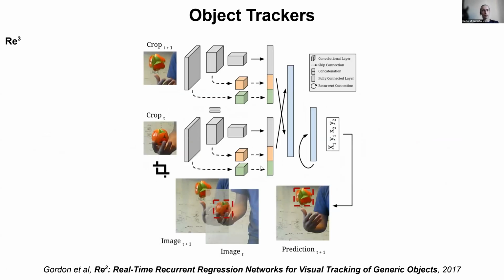Another example of an RNN-based tracker is Re3. Such a blend of ROLO and GOTURN, you see, it's already two streams with the current frame and a previous one, the same building blocks, and somewhere here is an LSTM also.